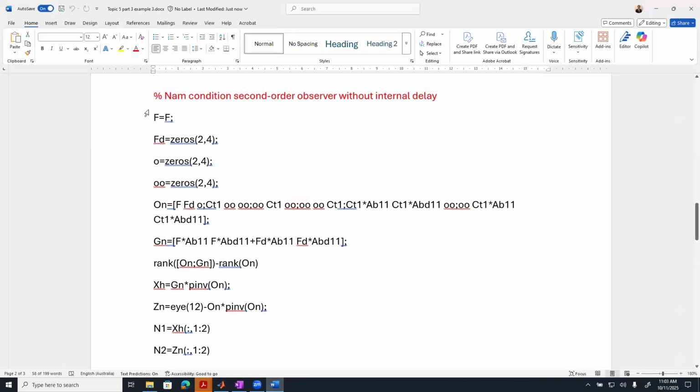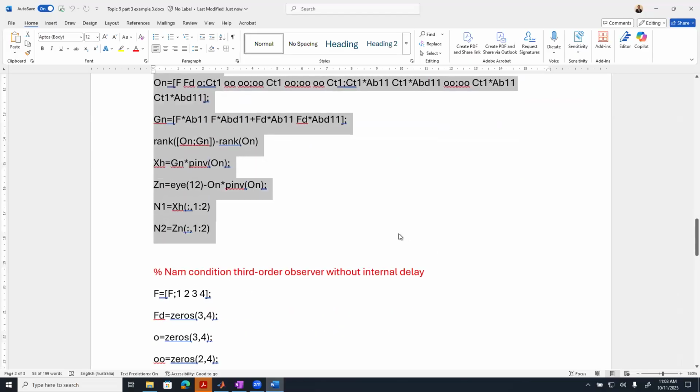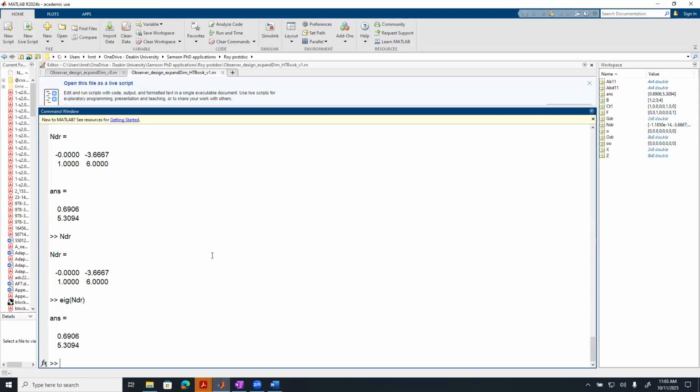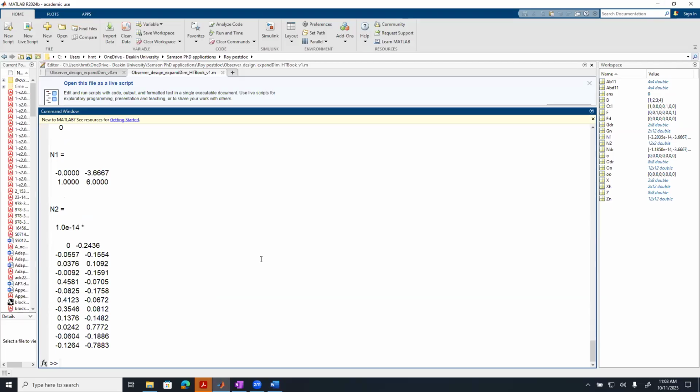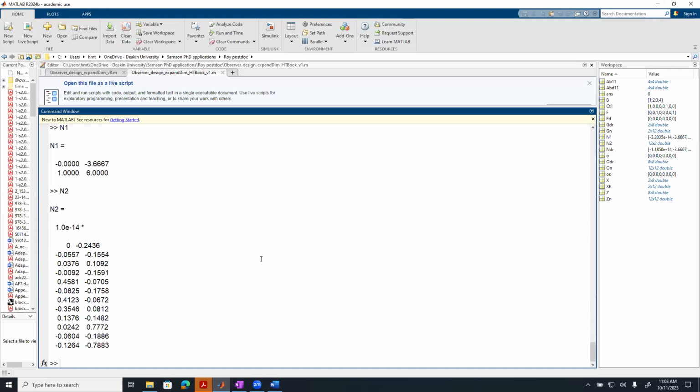If we apply the existing condition in there, we also find the same thing, because we get two unstable fixed modes. As a result, this N1 here is this thing, and this N2 here is basically no freedom.